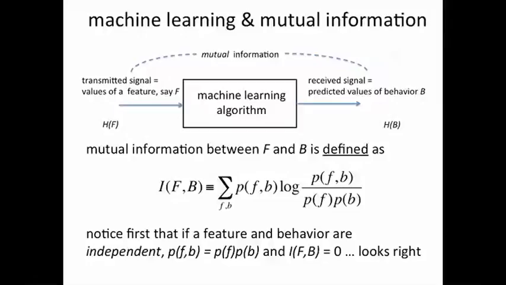But still, believe me, there is one, and similarly there'll be an information content for the behavior signal. There'll also be an information content for the signal consisting of both observations, the feature and the behavior combined, and the mutual information is nothing but the difference between the total information in f and b and the information of f and b when observed together.